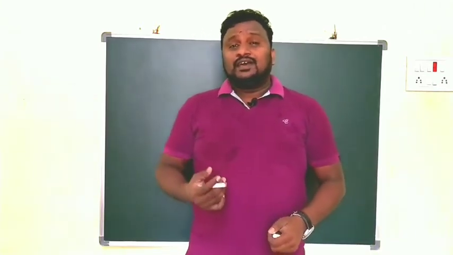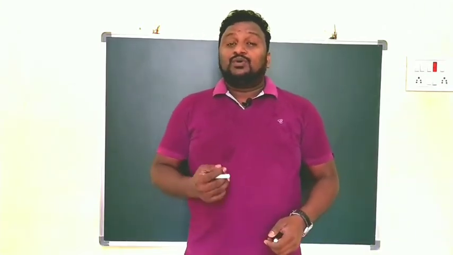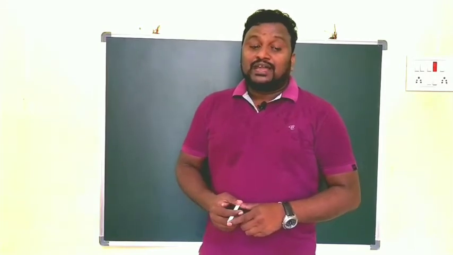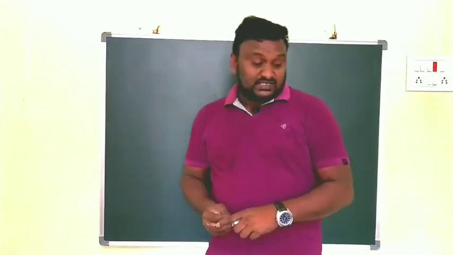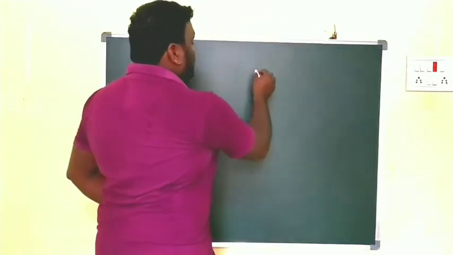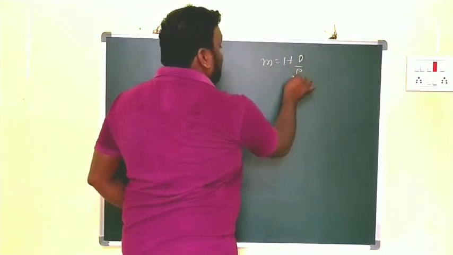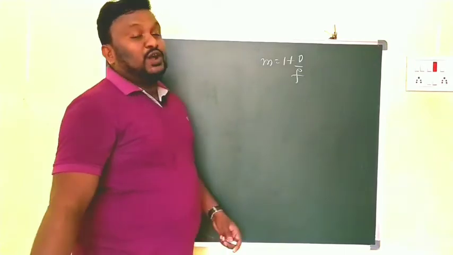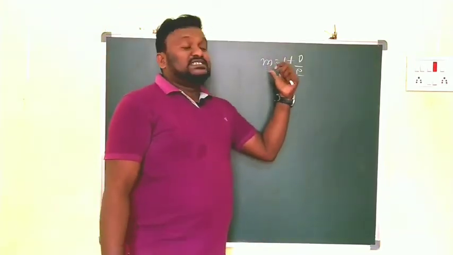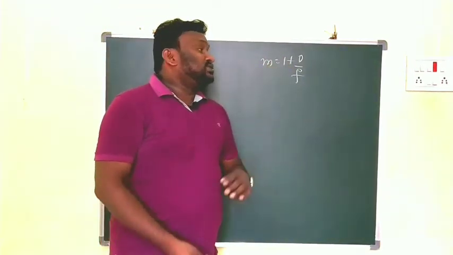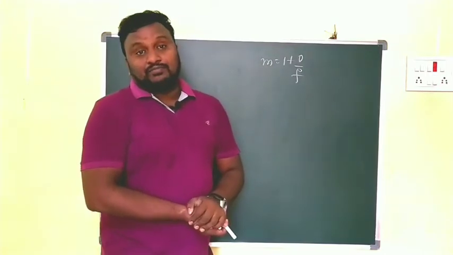Children, in the simple microscope we derived that the magnification of the simple microscope is m equals 1 plus d by f. The magnifying power of the simple microscope is m equals 1 plus d by f.